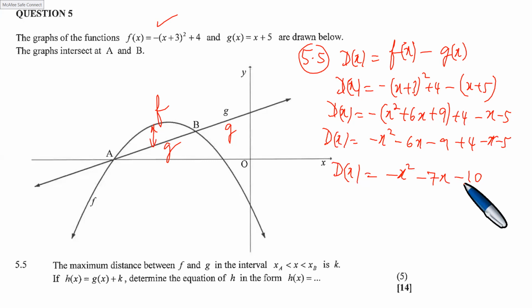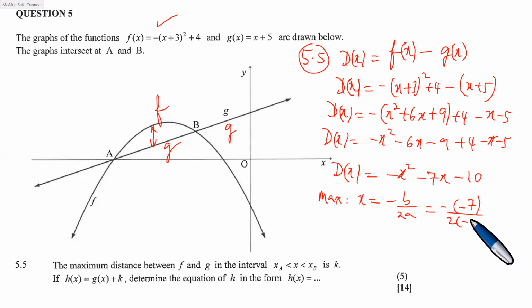So what do we then get at this point? We want to get the maximum. Because this is quadratic, the maximum occurs at the x value of the turning point. The turning point is minus b over 2a, where b is minus 7 in the quadratic, so we have minus (minus 7) over 2a, which is minus 1.